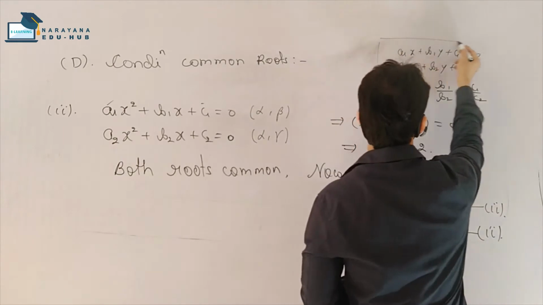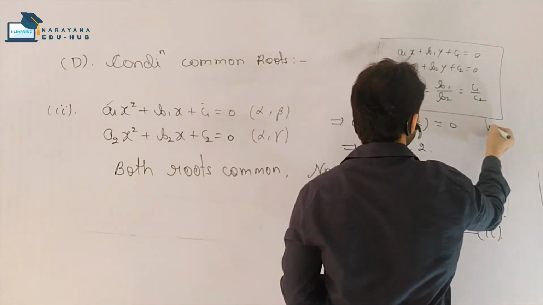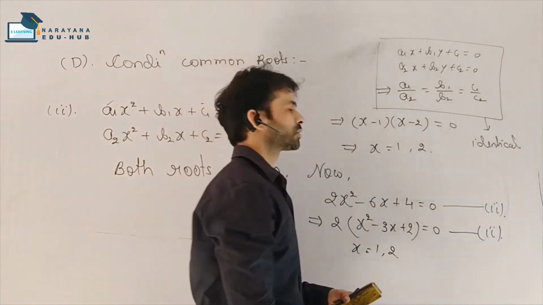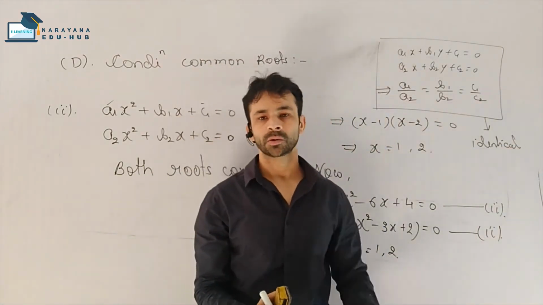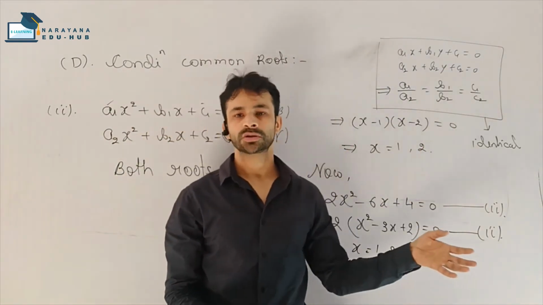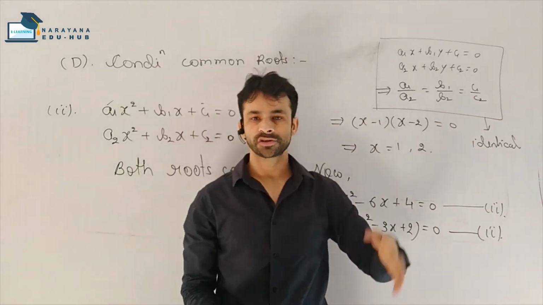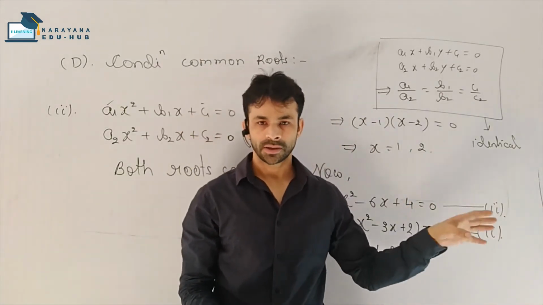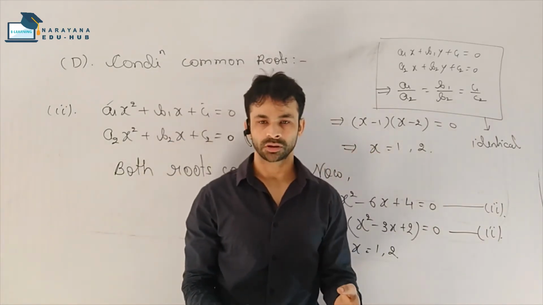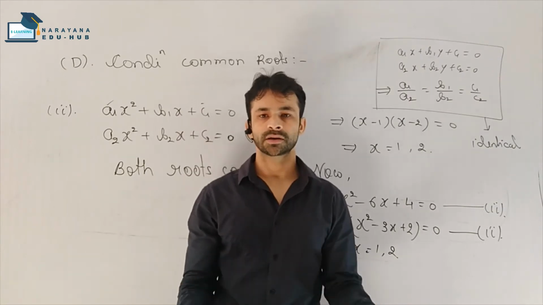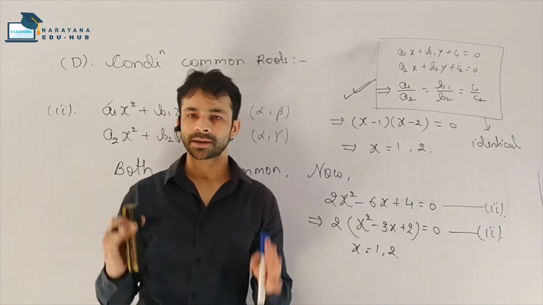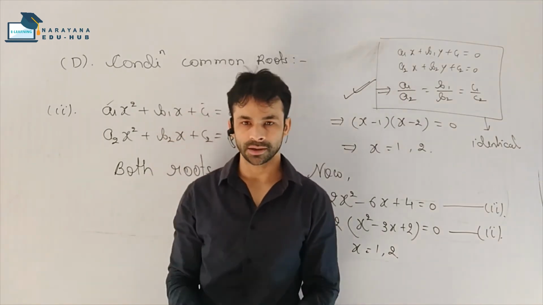Whenever you have identical equations, whether it's linear, quadratic or some other polynomial, if they are identical they have all the roots equal, so the ratio of the coefficients will be the same throughout. This is the condition you have to remember, because it is very important. We will be using it again and again up to your IIT exam.